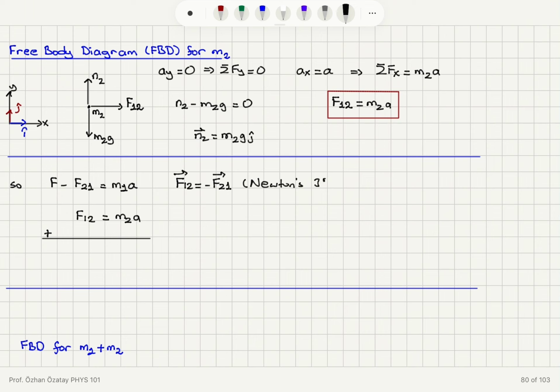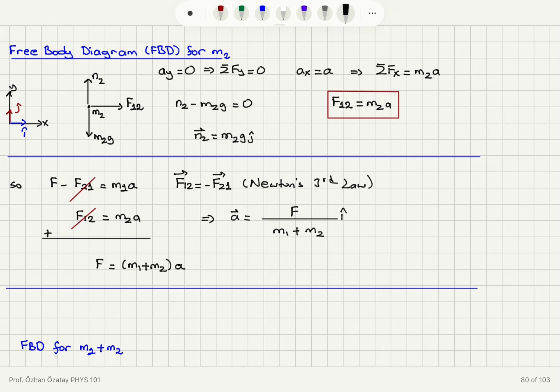Newton's third law, action-reaction. So we can see that when I add them up, these two would cancel, and I will find that this force is responsible for the common acceleration of m1 plus m2. F equals (m1 plus m2) a. Therefore, the acceleration a can be written as a vector F divided by (m1 plus m2) in i hat direction.